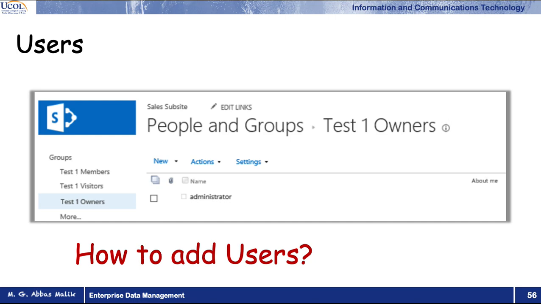What do we mean by adding users? Adding users means, because we are talking about a Windows Server 2019 on which we have installed SharePoint. That's a server system, so we can have multiple users. Just like in Windows 10, we can have multiple users, then the multiple users can log in. But here it's more like, just like every student at UCOL has a username and account, and then can go into any computer and log in.